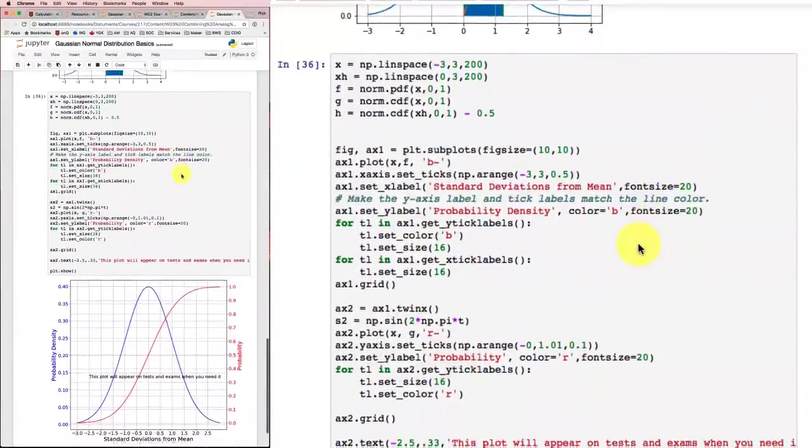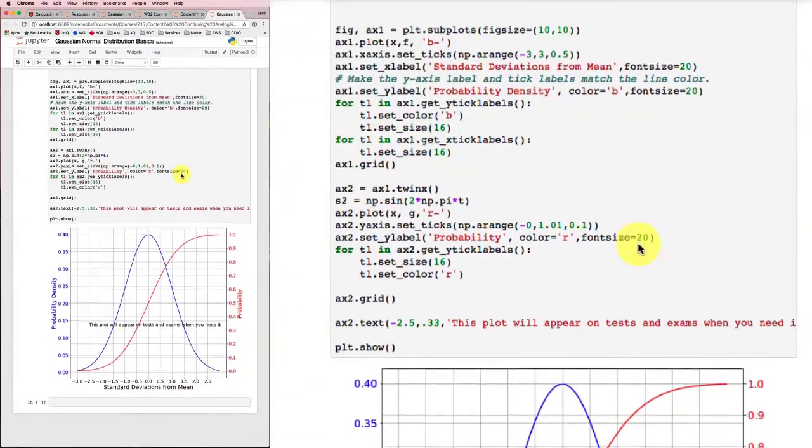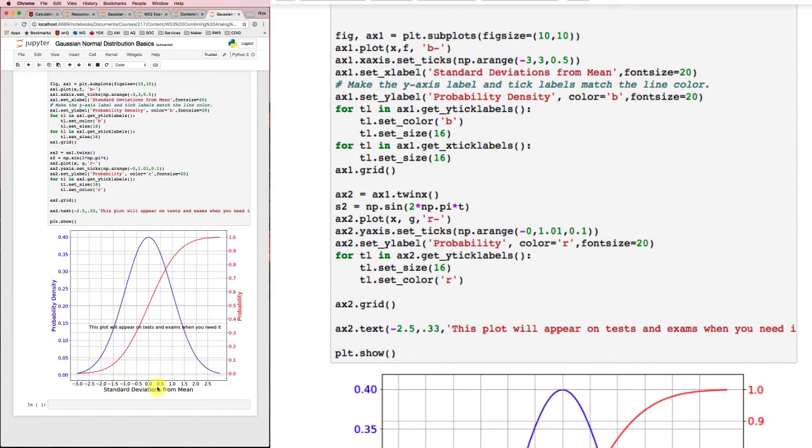And if you need a curve to be able to visualize what's going on, then this plot down here, made from this code here, gives you both the PDF on this axis over here that goes up to about 0.4, and the CDF, the cumulative density function, on this axis over here that goes up to 1.